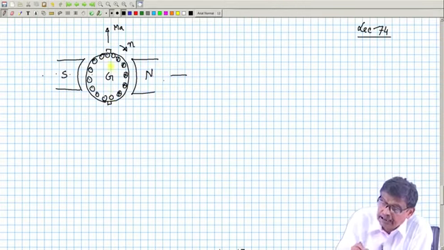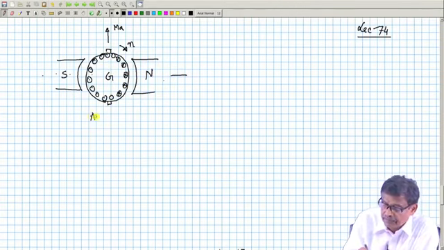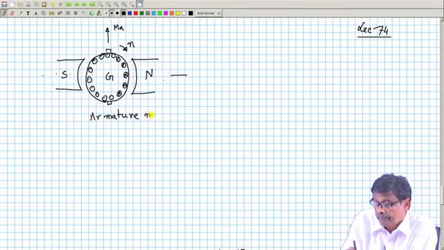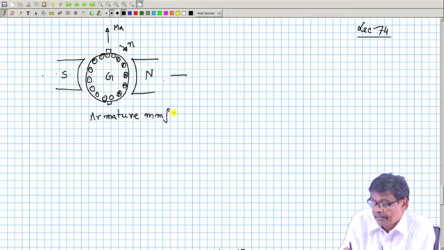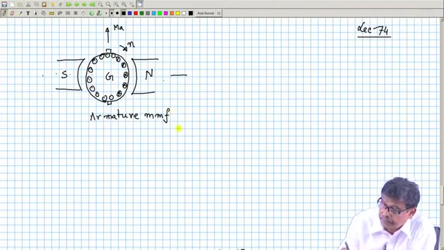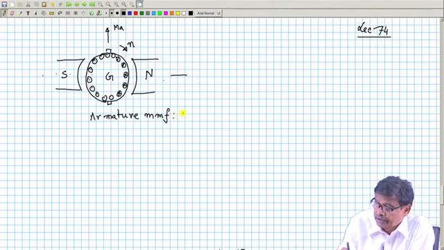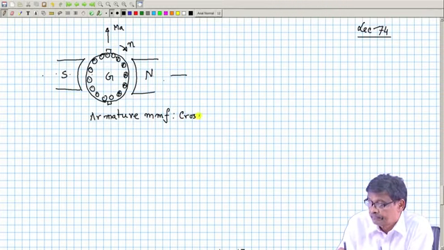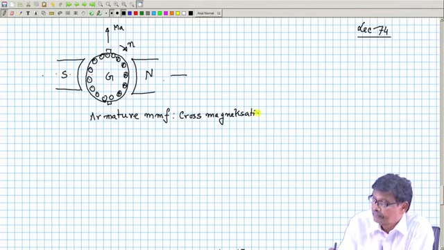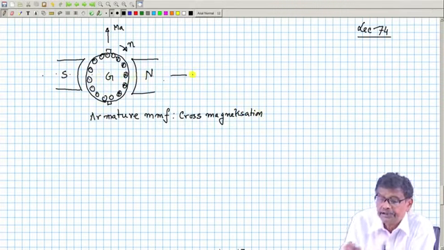All the armature MMF is of cross magnetization, that is perpendicular to the direct field axis.